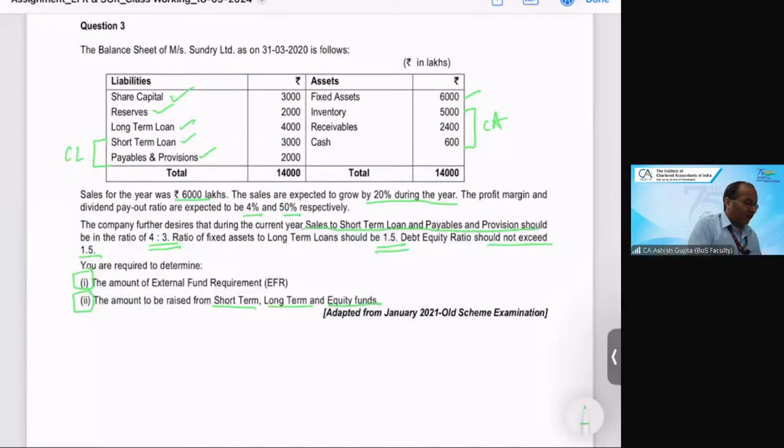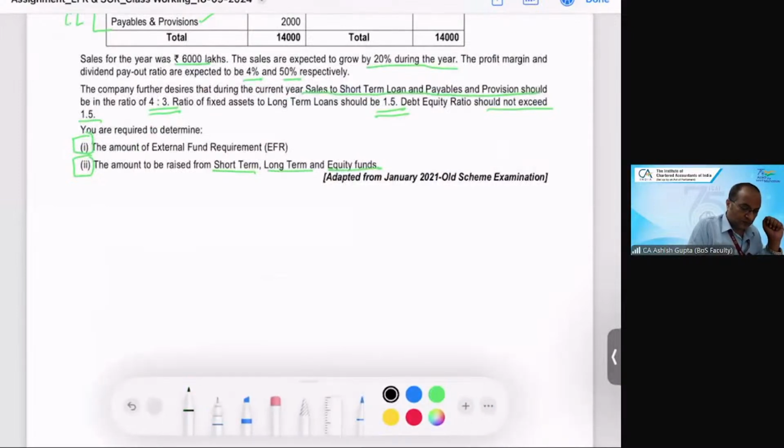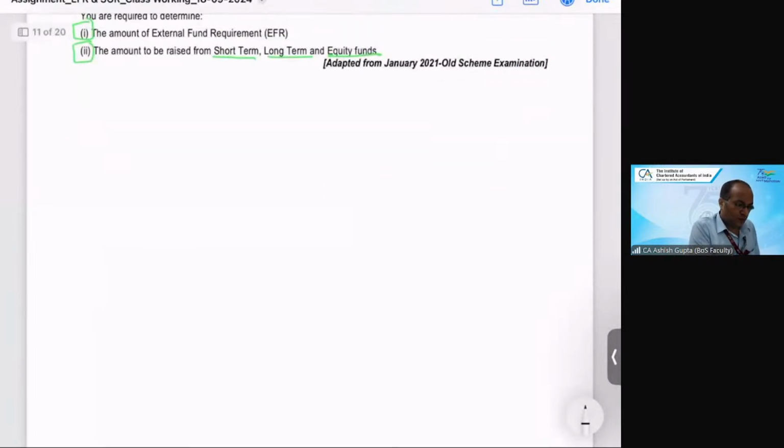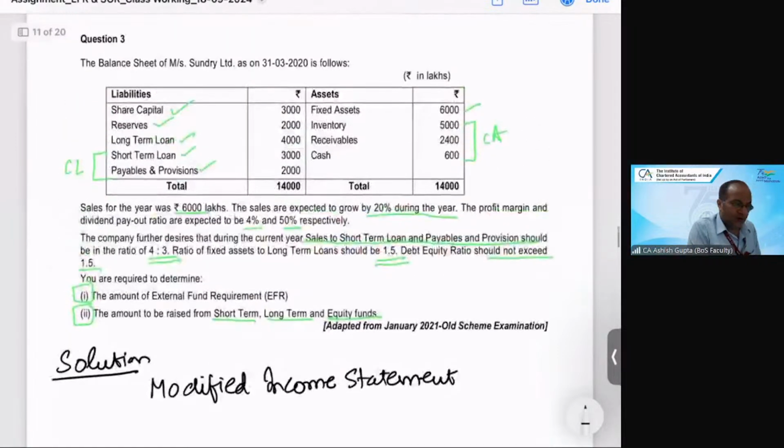First of all, we have to draw out the modified income statement. Now here our year was 2020.